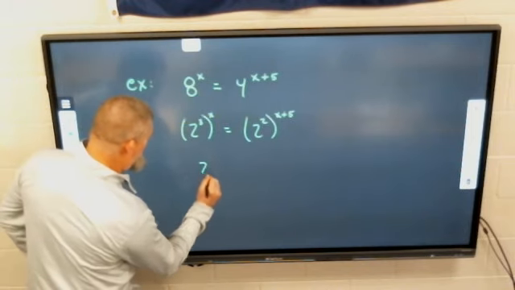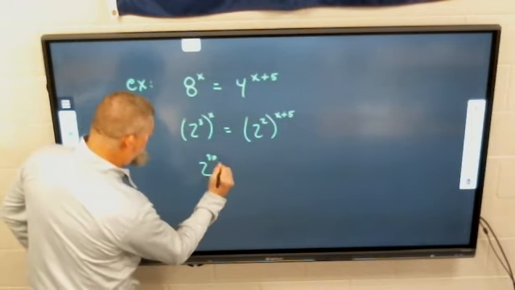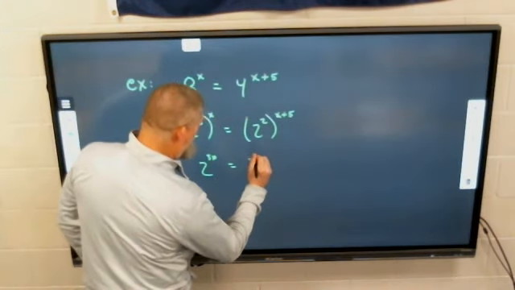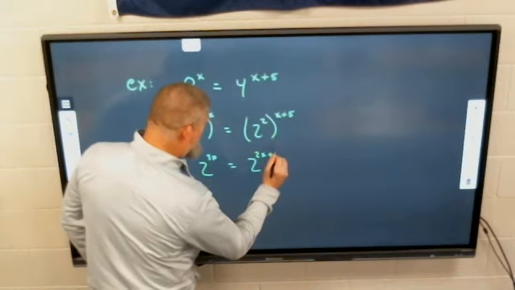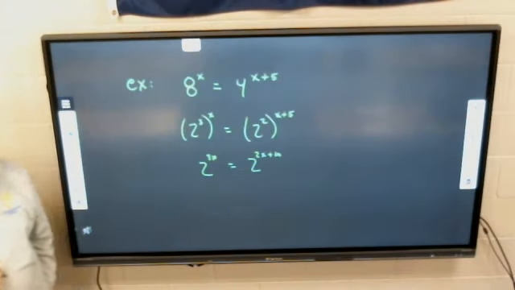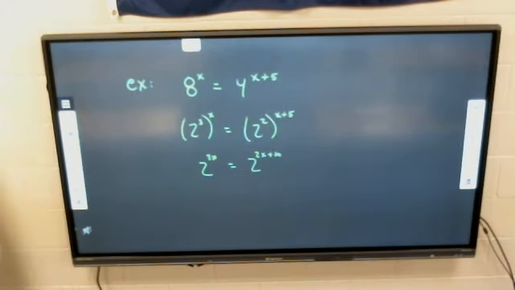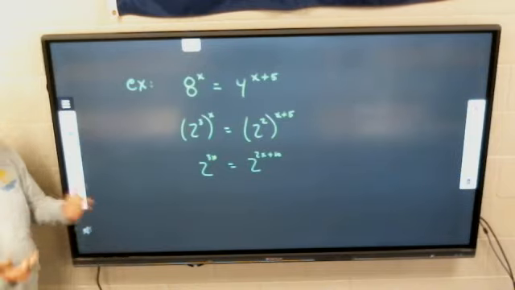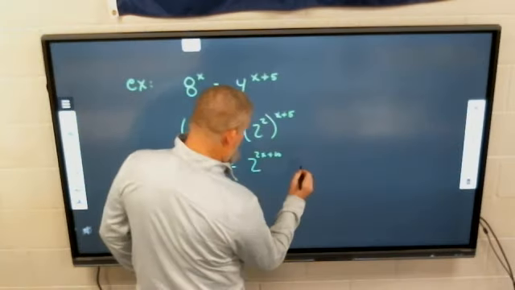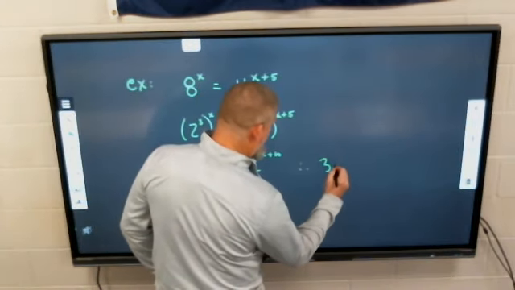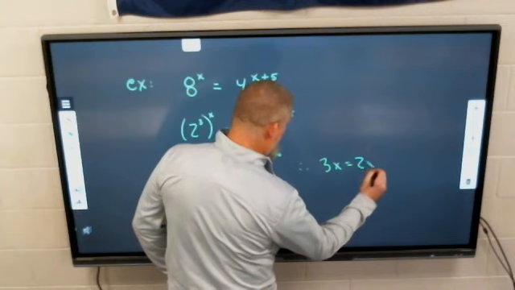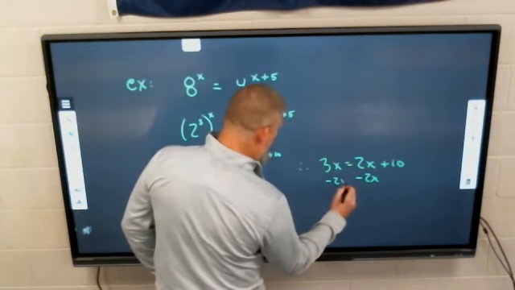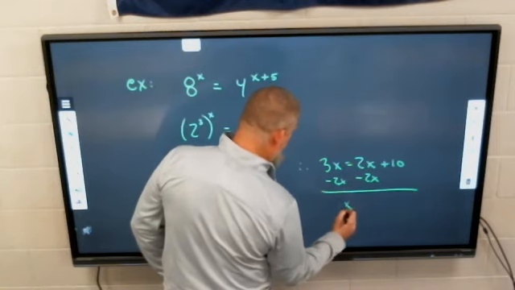So I have 2 to the 3x equals 2 to the 2x plus 10. Because don't forget you have to distribute. And now, once again, we're back to our original part. Both have a base of 2. Therefore, 3x must be equal to 2x plus 10. Solve, and we get x equals 10.